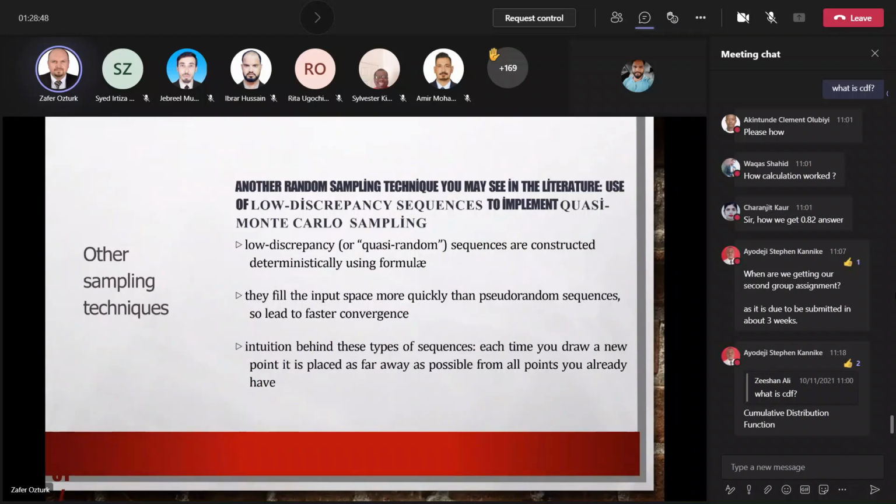Just other sampling techniques. Another random sampling technique you may see in the literature is the use of low discrepancy sequences to implement quasi-Monte Carlo sampling. I'm not going to deep dive into that, but low discrepancy means quasi-random.